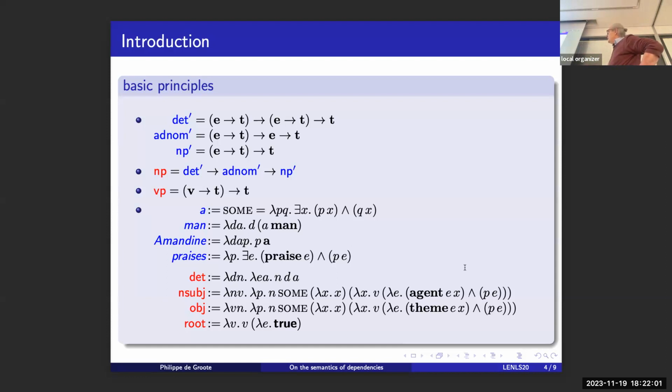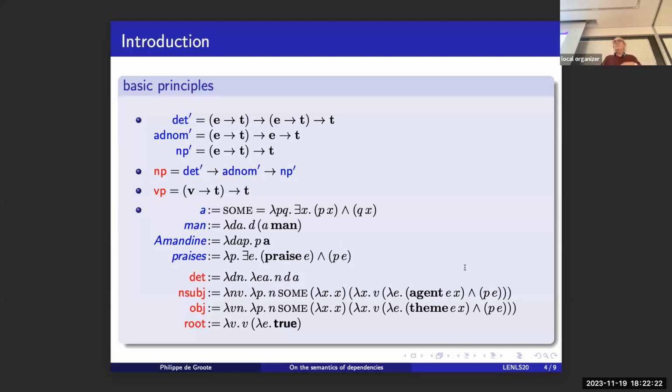But in addition, N needs a determiner, so a quantifier actually, and a modifier. And so here by default, the existential quantifier is provided, and the modifier is just the identity.